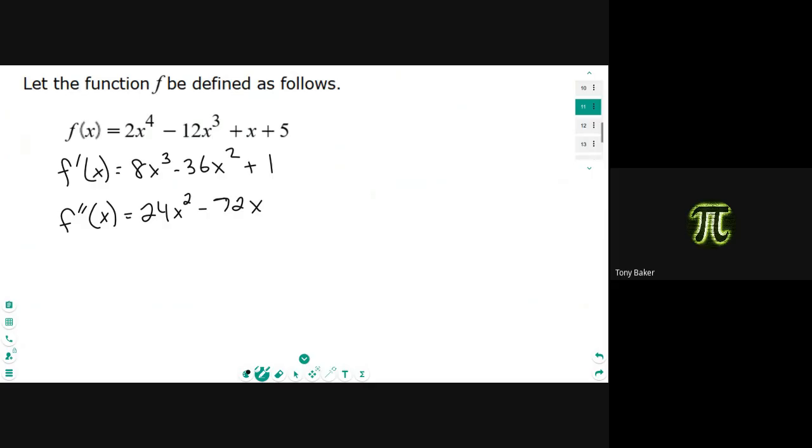So for concavity, we need to find our second derivative. If it's only asking for concavity, you don't have to worry about doing the work for the first derivative. Now we have to do basically the same work for the second derivative, though.